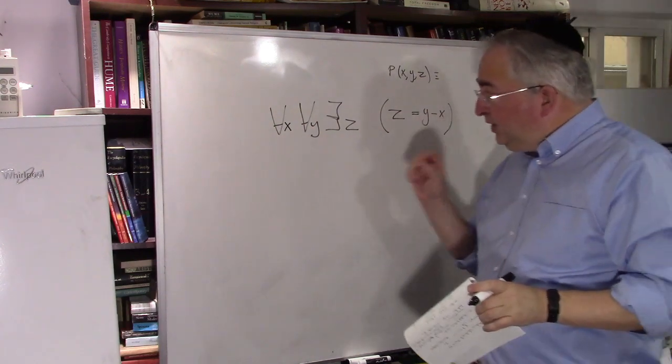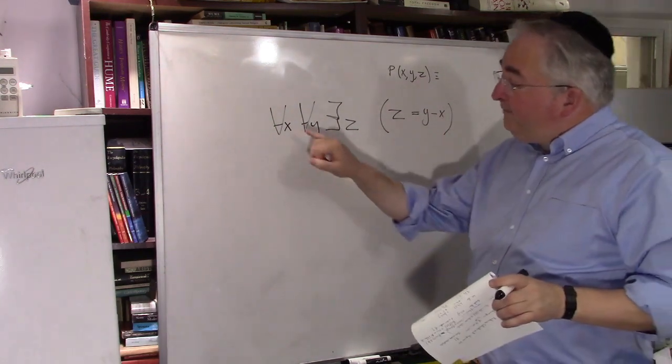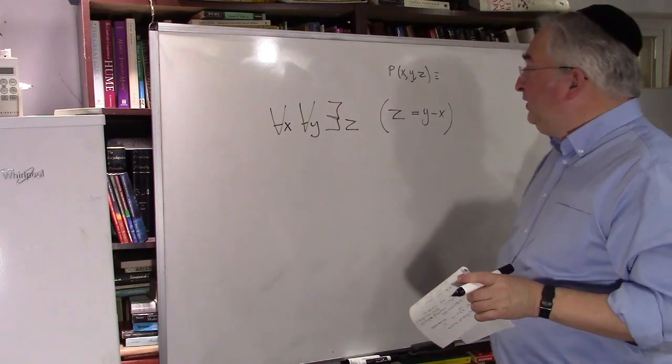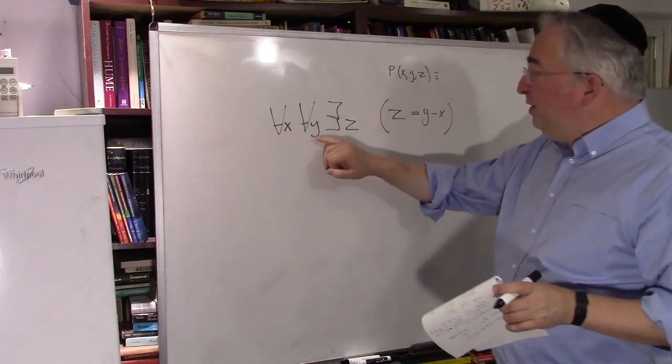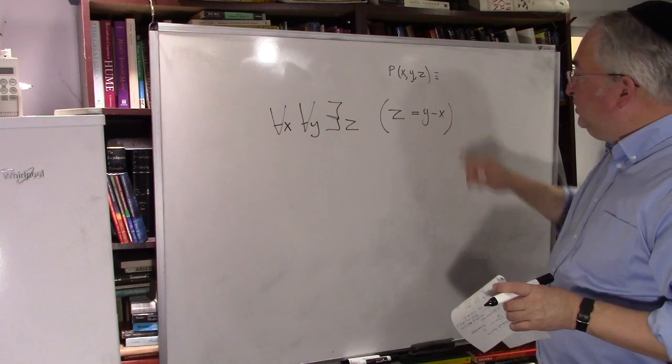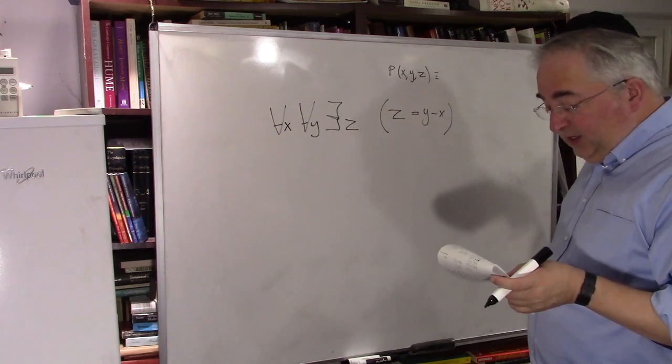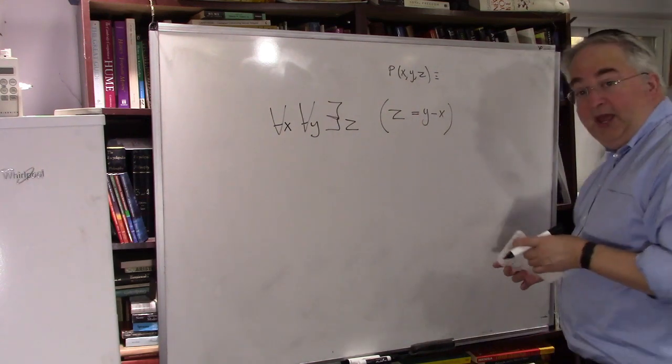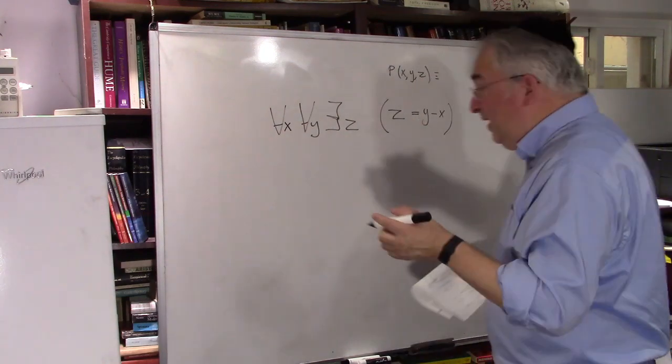Question, is this true? For every number X and number Y, there is a Z such that Z is equal to Y minus X. Is this true or is this false? And the answer is, just like before, it depends.